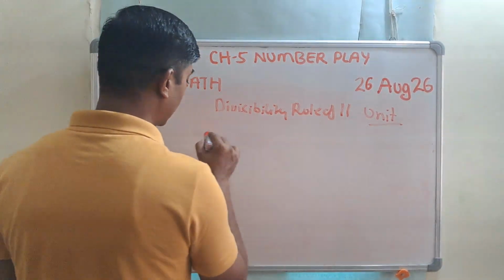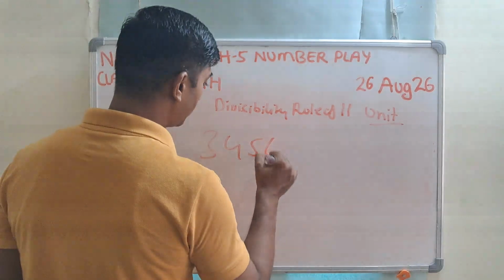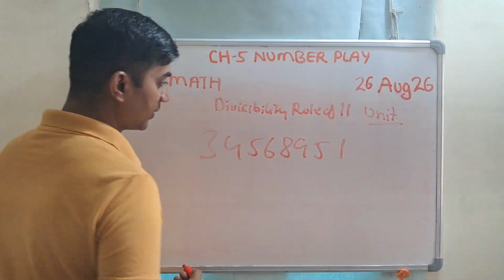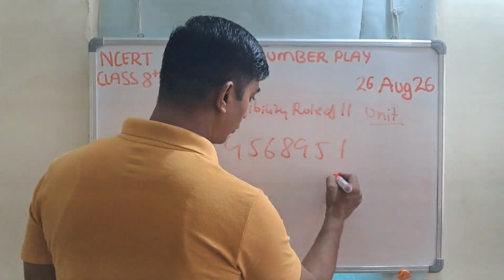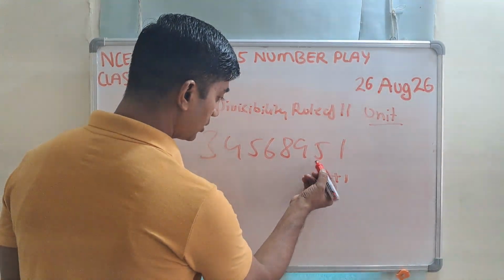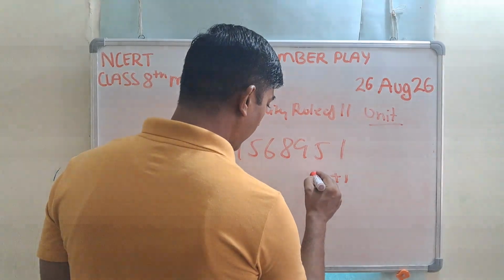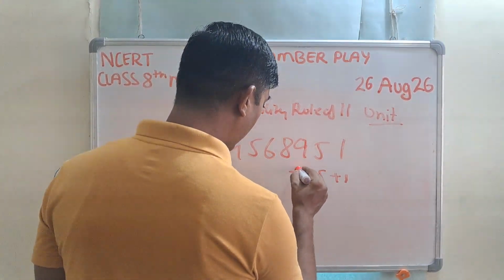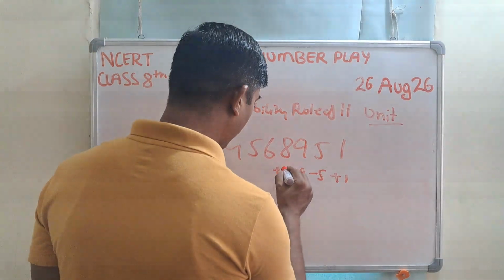Suppose we have taken the number 3 4 5 6 8 9 5 1. Now we will see: this is the unit place, we have to add plus 1. Understood? This is the tens place, we have to subtract 5. And now this is 9, we have to add 9.